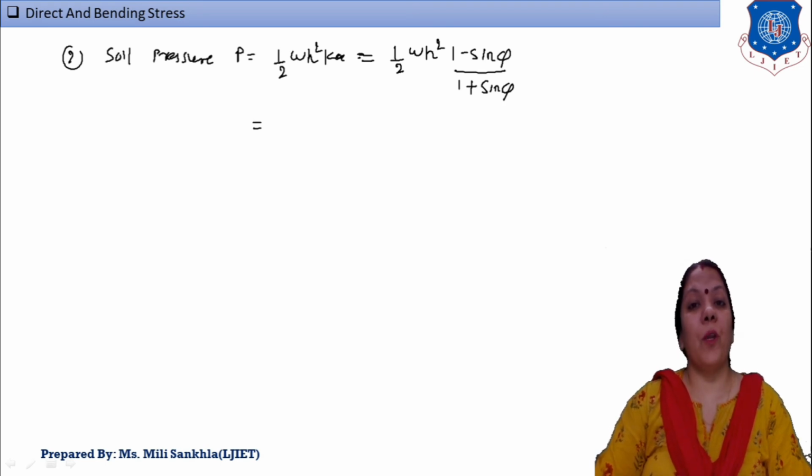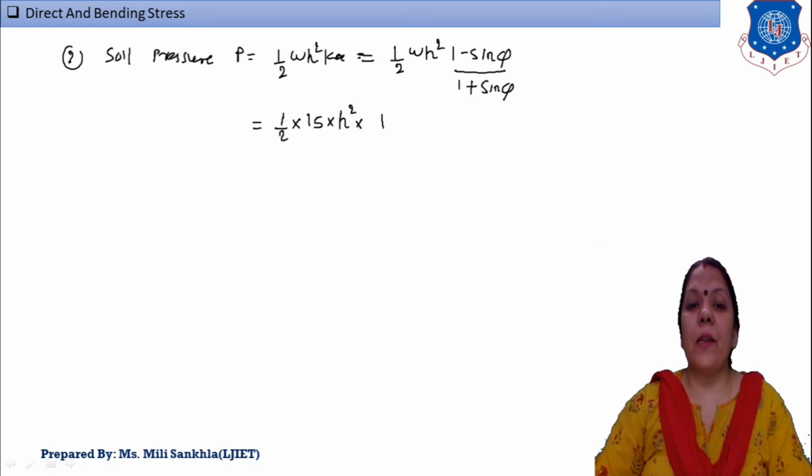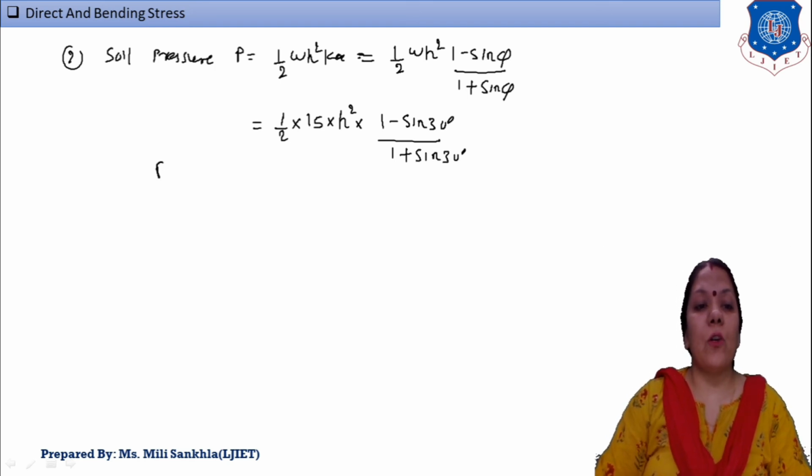Now put the values: 1/2, small w is the density of soil, that is given in data as 15, height H is unknown here, H square, and angle of repose is 30 degree, so sin 30 degree. Now my answer of P is in form of H square, and P is equal to 2.5 H square. This is my soil pressure.